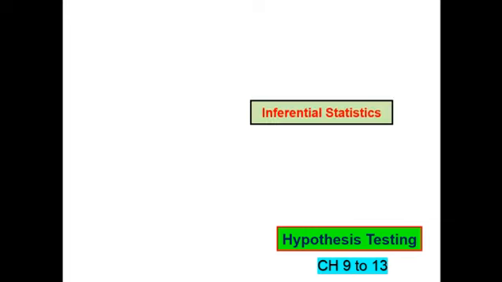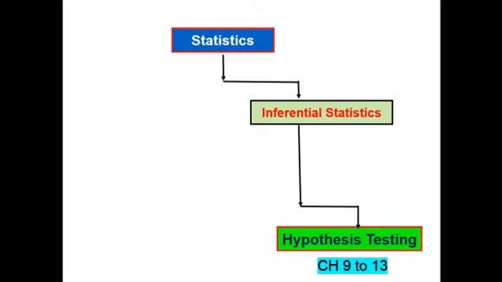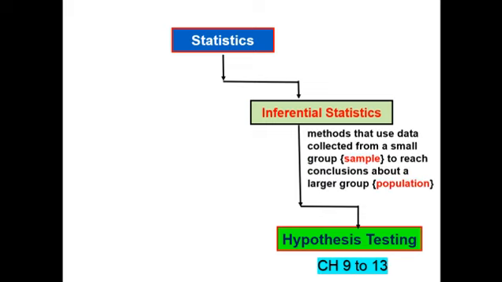And hypothesis testing is grouped under inferential statistics. And inferential statistics is a branch of a bigger group called statistics. From the previous chapters, we know that inferential statistics are methods that use data collected from a small group, that is sample, to reach conclusions about a larger group, that is population.